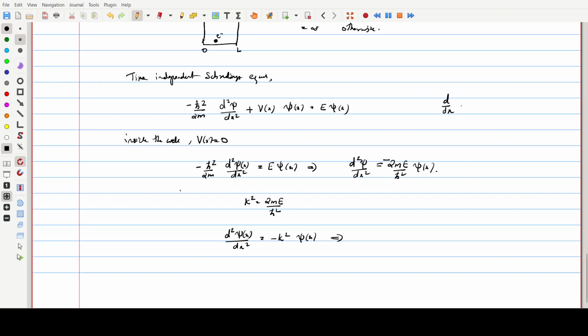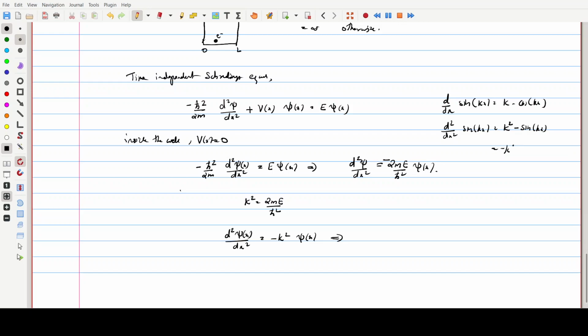So if you take the first derivative of sine kx, you will get k into cos kx. And if you take the derivative again, then it would be k into minus sine of kx, and this k becomes k squared.